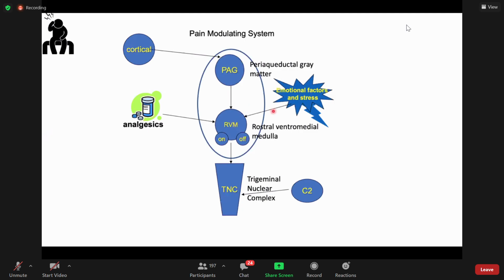Emotional factors and stress turn it off, so it causes more pain enhancing modulation to happen and go to the trigeminal nuclear complex at C2. And here comes the problem with analgesics. Analgesics will impair the modulating function of the rostral ventromedial medulla.